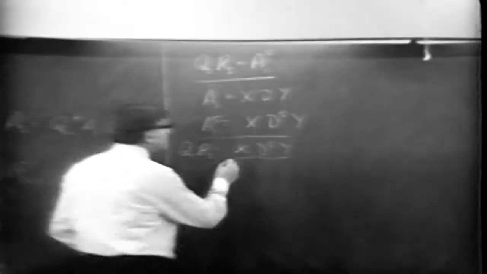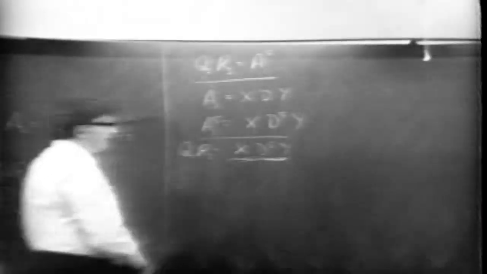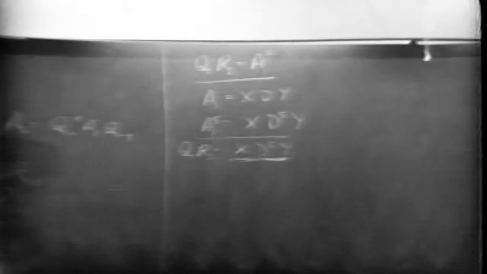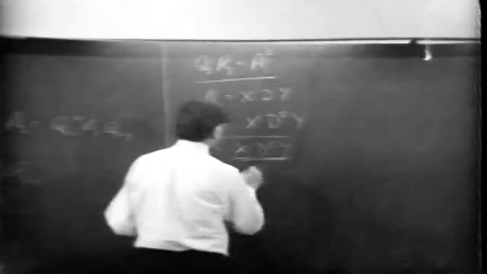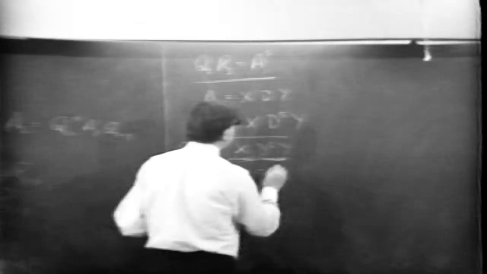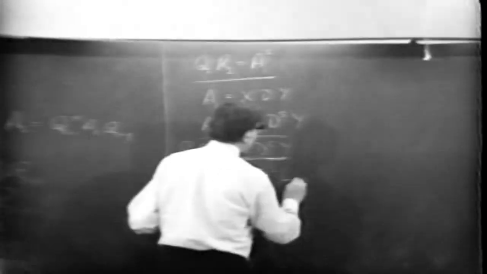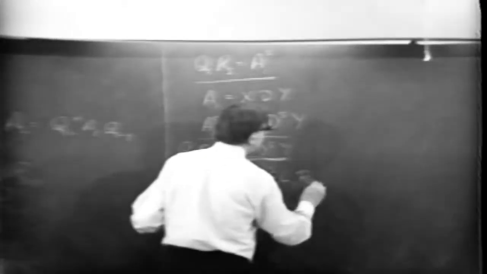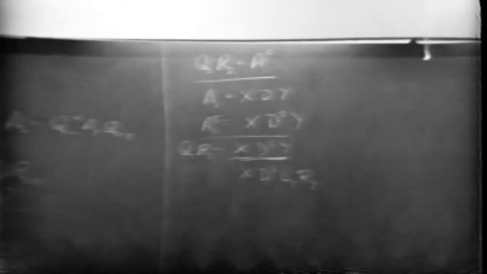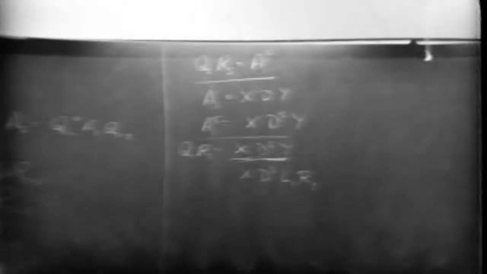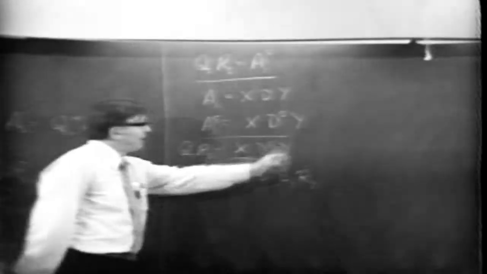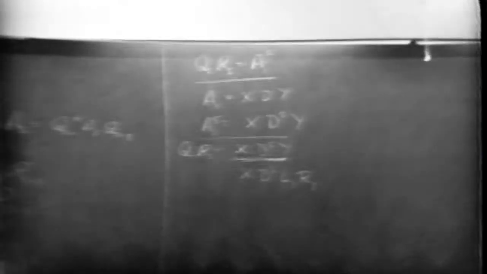And now I try to expose the QR factorization of that in some other way. Well, I do it like this. I take X D^s and let L_Y R_Y be the LR factorization of Y. It's interesting, it's the LR factorization that is relevant here of Y and not the QR factorization.